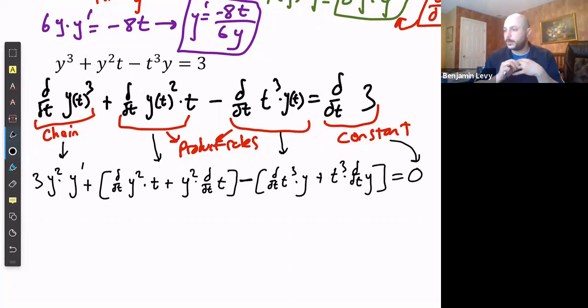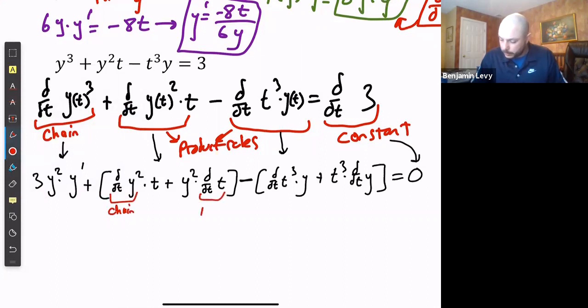And so inside each one of those product rules, we have other derivatives to take care of, and they're either a chain rule, so this is another chain rule here, or the power rule.